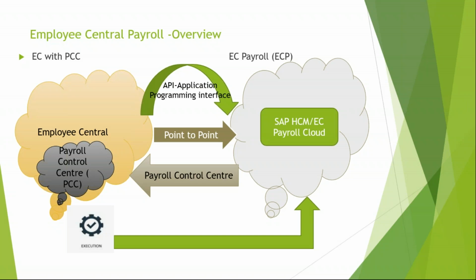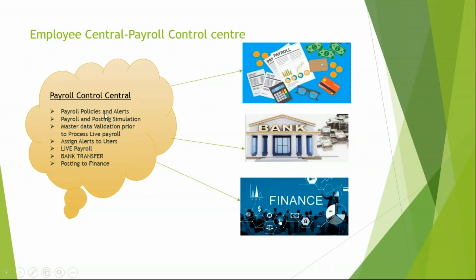Okay, moving to the next one. When users perform payroll, before that they do lots of validations and reconciliations. For example, I want to see missing addresses and missing bank details. Employees with a missing address, the payroll driver will not pick up. Employees with missing bank details, the payroll driver will pick up.